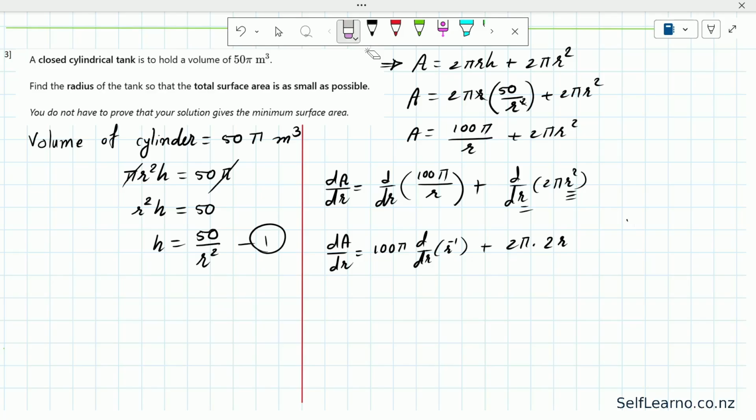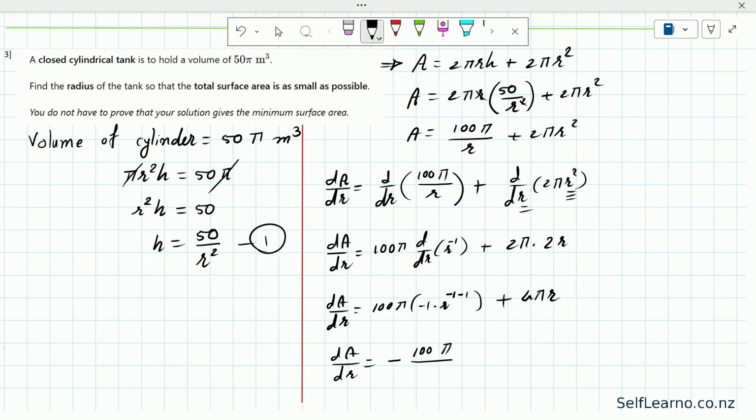It's regular, simple differentiation. n r raised to minus 1 minus 1. And here we have already done the differentiation. So 4 pi r. Good. So I have dA by dr is equal to negative 100 pi over r square plus 4 pi r.